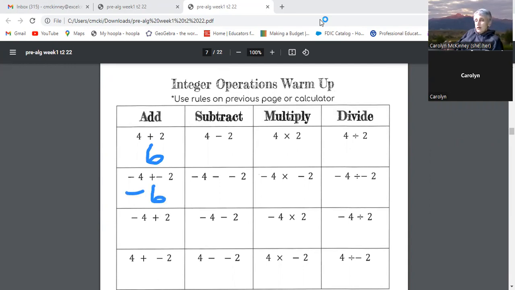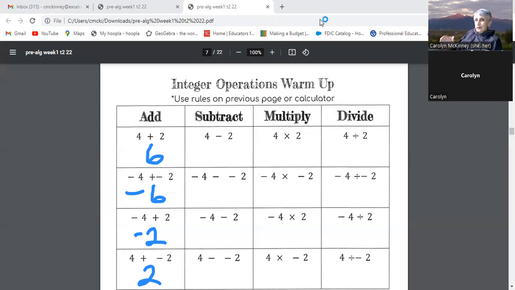With a -4 and a +2, their signs are different, so we'll actually subtract the number parts. 4 minus 2 is 2. But the larger number is the negative number, the larger absolute value, so it is -2. On the contrary, 4 plus -2 will be +2 because the larger number is positive.